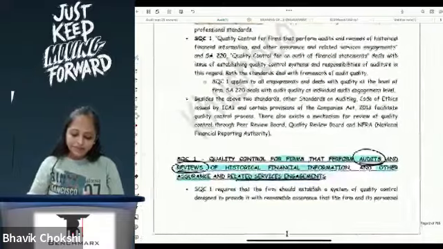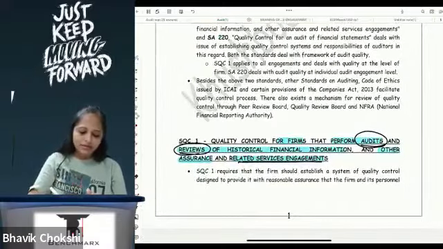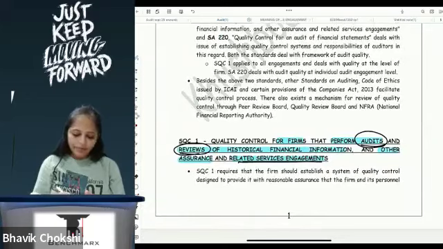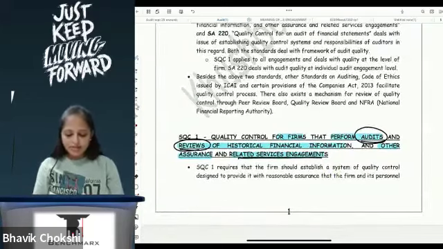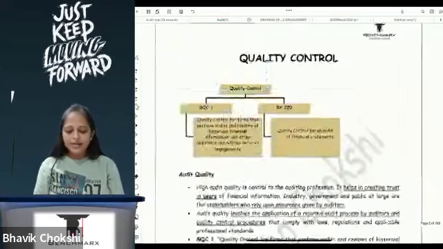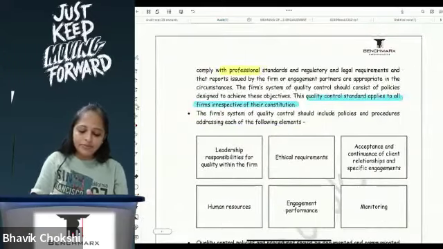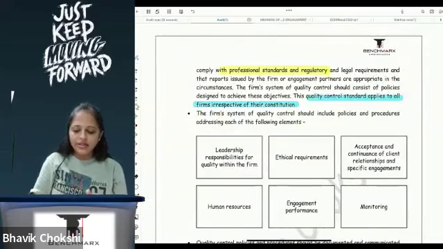Okay, now what is it saying? That it requires the firm should establish a system of quality control designed to provide it with reasonable assurance that the firm and its personnel comply with professional standards and regulatory and legal requirements, and the reports issued are appropriate.